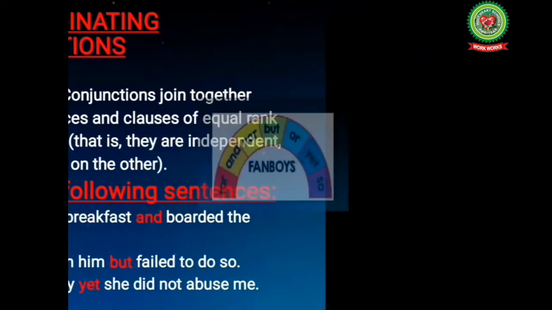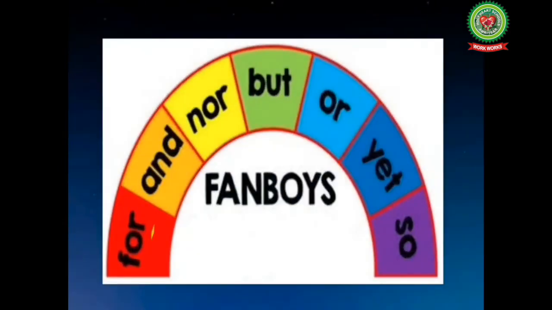The words for, and, nor, but, or, yet, so are called coordinating conjunctions. The mnemonic FANBOYS is an easy way to remember the names of the conjunctions. Children, coordinating conjunctions always come between the words or phrases or clauses that they join.